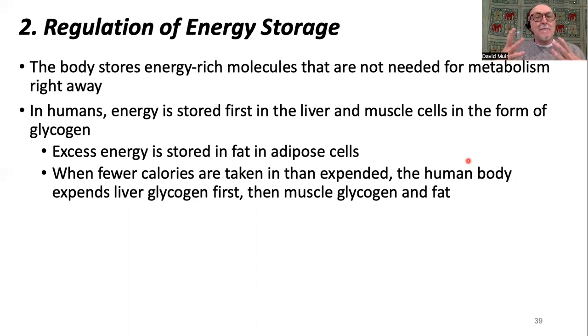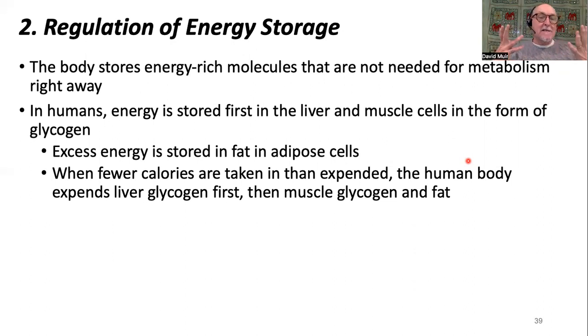Glycogen is a kind of an intermediate storage form, largely in the liver and in the muscles. For extremely long-term storage, we transform material into fats, and it is stored in special cells called the adipose cells. But that is rather difficult to access.